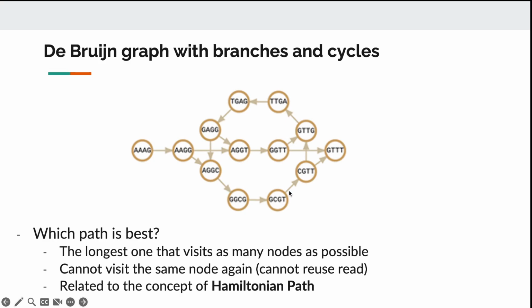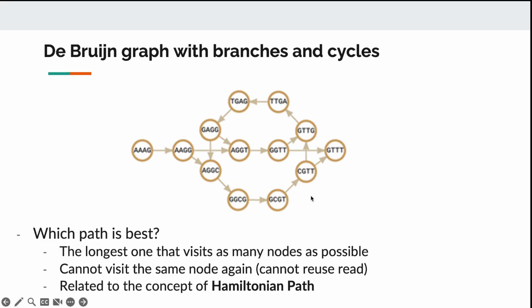We want this path to be very long, because a long path means we get a long contig, and a long contig is much higher confidence than a short one. The key is we don't want to visit the same node again. Otherwise, you can loop back over and over, and you get an infinitely long contig.